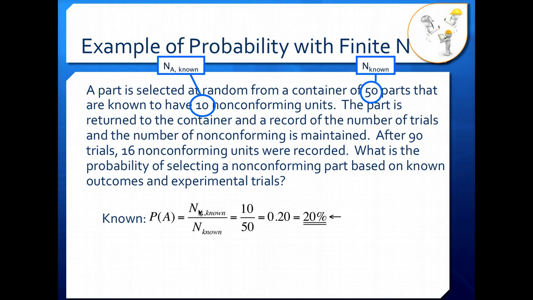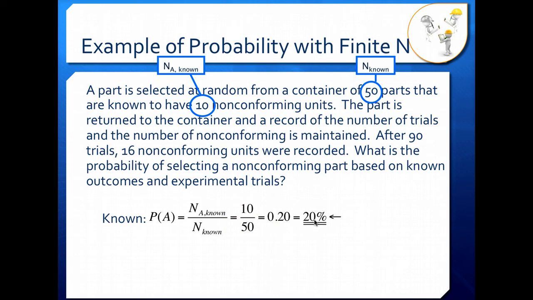There's not going to be one extra part magically appearing as non-conforming. So if we base this on our known probabilities, this is our population, basically. There are 10 non-conforming parts out of 50 parts total, so that gives us a 20% chance of picking a non-conforming part.